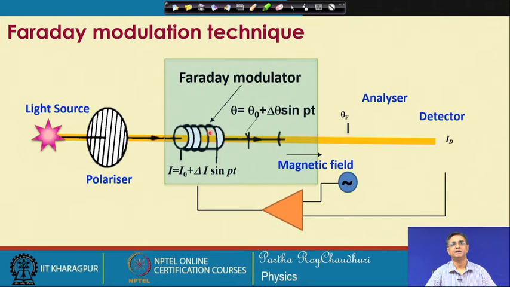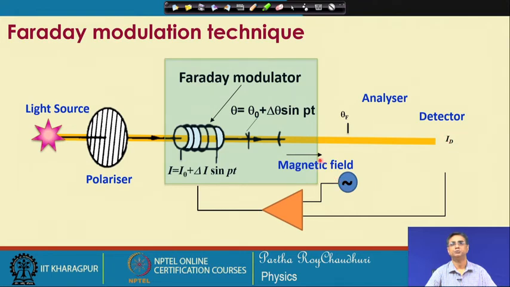Because of the variation of the current, the magnetic field also varies, which results in a periodic change in the plane of polarization, which is detected by a detector.